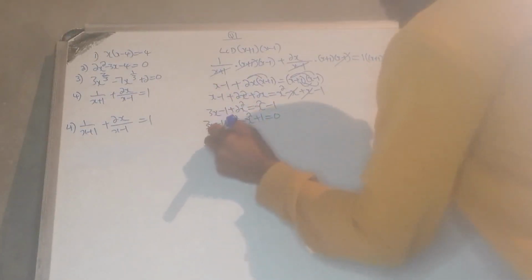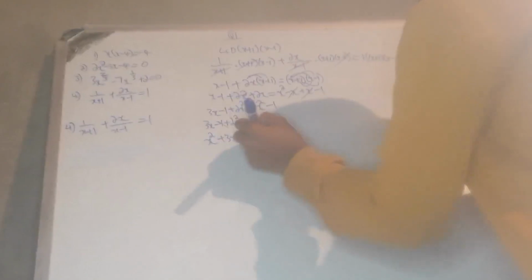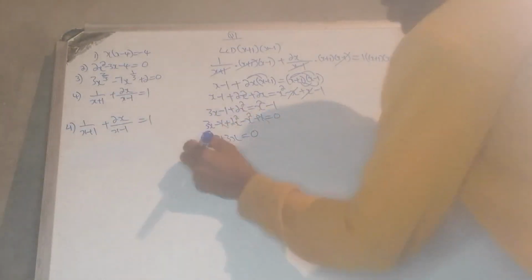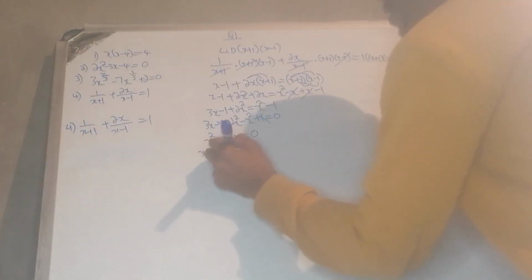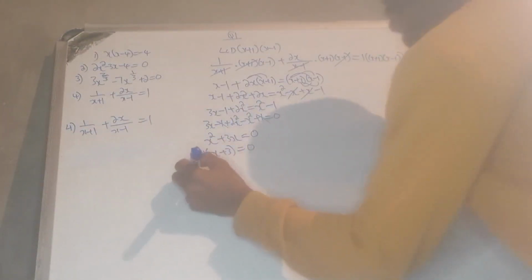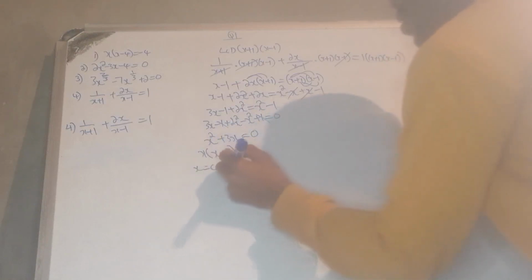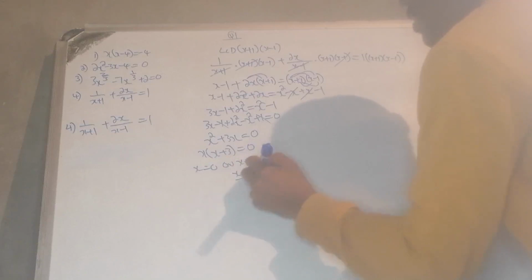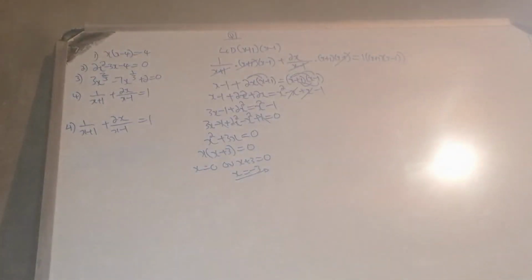You have your positive 3x. Negative 1, positive 1, they will cancel. 0. You will take out a common factor. Your x is equal to 0, or x plus 3 equals 0, x equals minus 3.